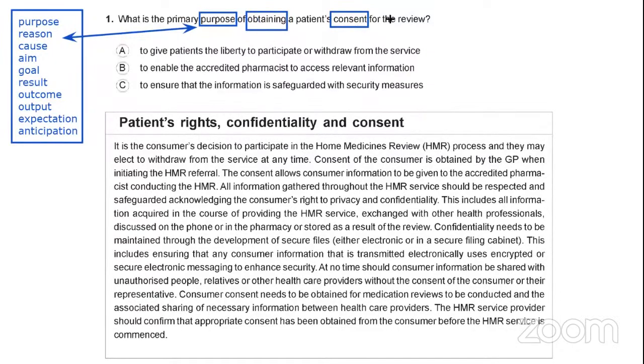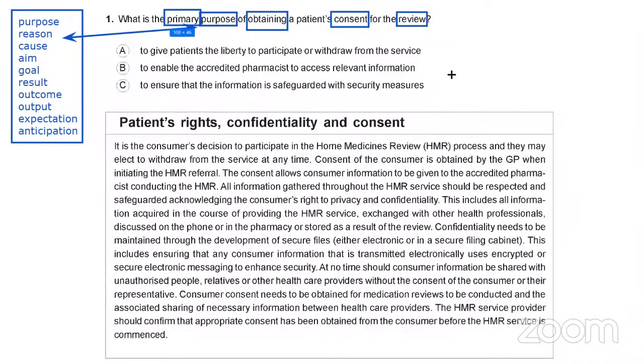The next one, review. So these are the reasons. And primary. Now, what are the other words for primary? Primary means basic, fundamental, essential, main. So there are many other words. But purpose is important. That's what we have taken here.